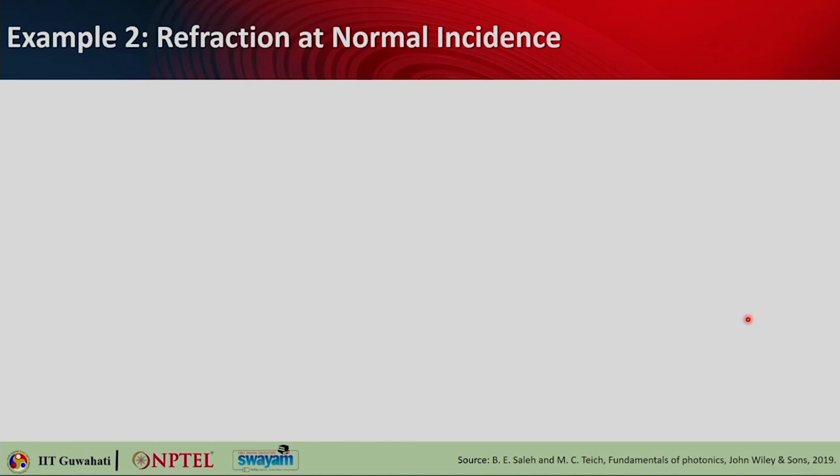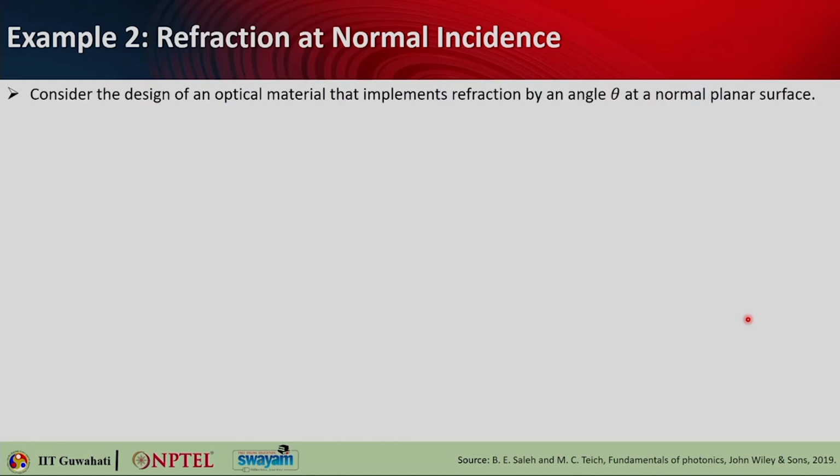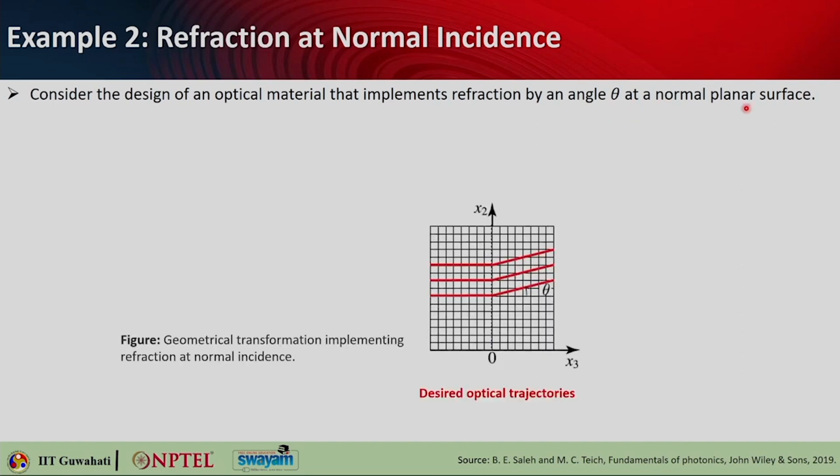Now let us move on to the next example, that is refraction at normal incidence. Normally there is no refraction at normal incidence, okay. So here we are trying to design that as well. Consider the design of an optical material that implements refraction at an angle theta at a normal planar surface. This is the desired optical trajectory.